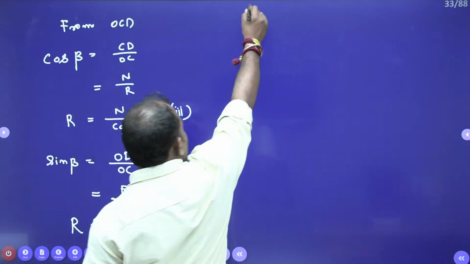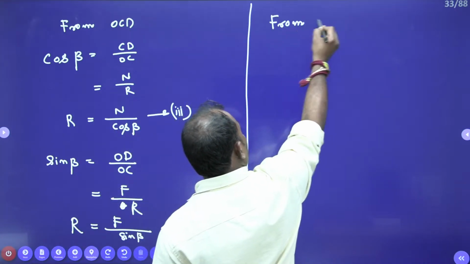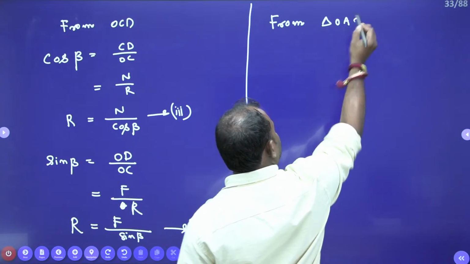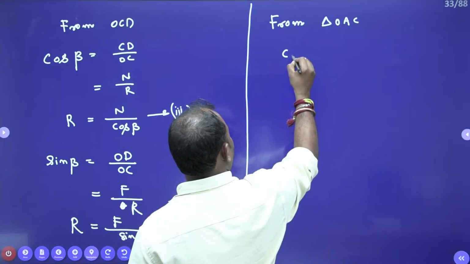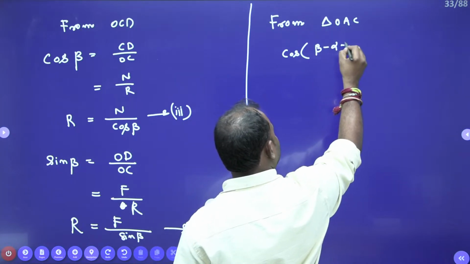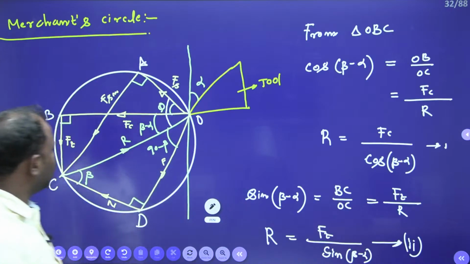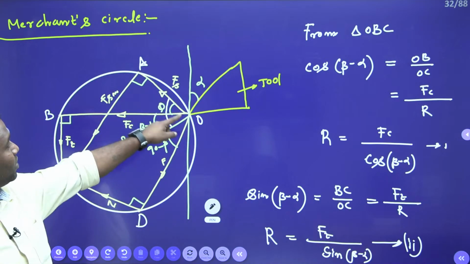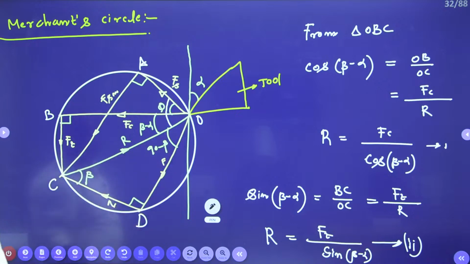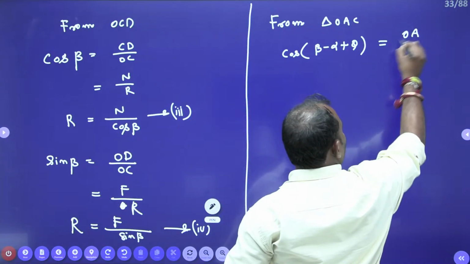Here only we will finish. From triangle OAC, first we will calculate cos of beta minus alpha plus phi. It is going to be cos of beta minus alpha plus phi equals OA by OC.